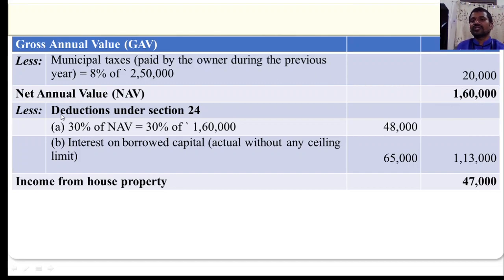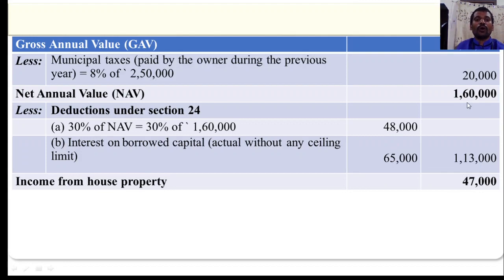Then come to the deductions part. Here 30% of net annual value. Net annual value is 1,60,000. 30% means 48,000. Interest on borrowed capital. They had given interest on borrowed capital for the year as 65,000. This 30% standard deduction and interest on borrowed capital total is 1,13,000.